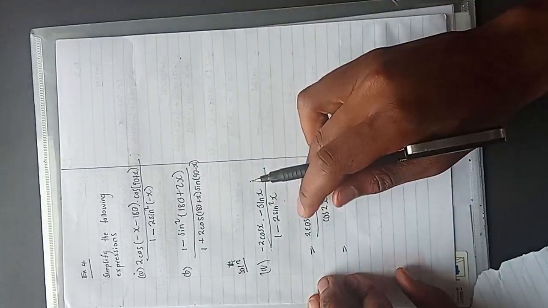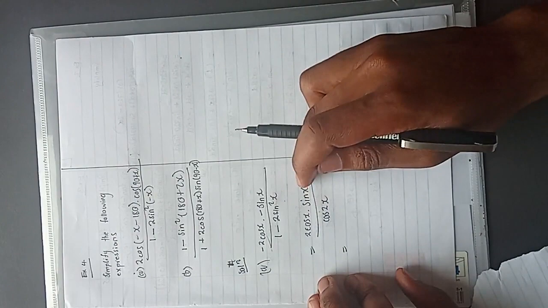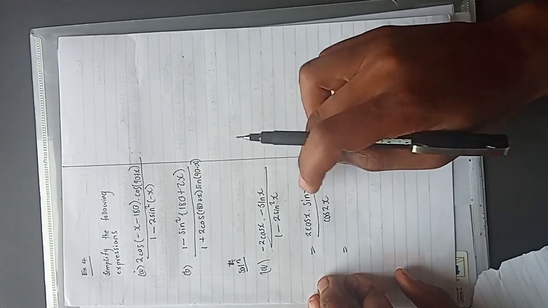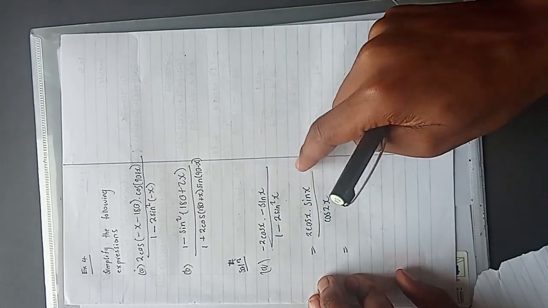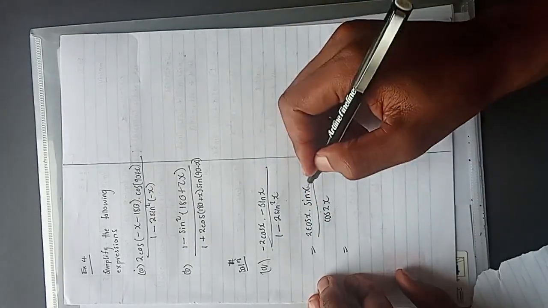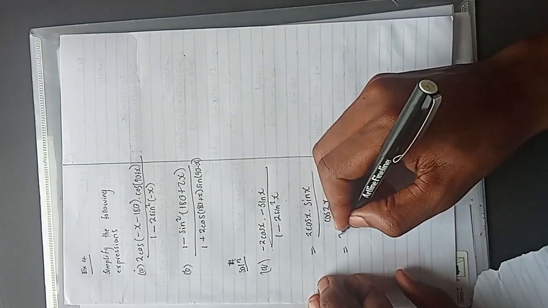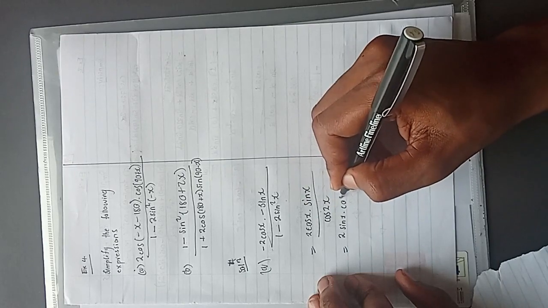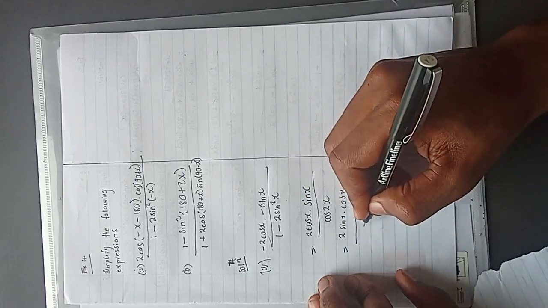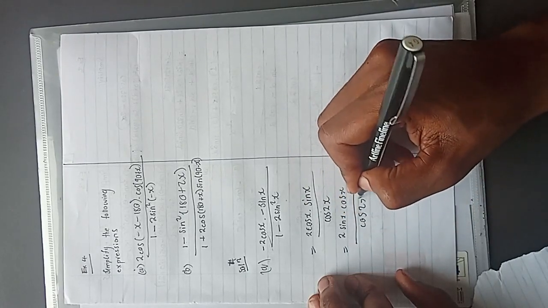This thing is a sine double angle, it's just not arranged the way we are usually used to. So it's 2 sin x times cos x all over cos 2x.